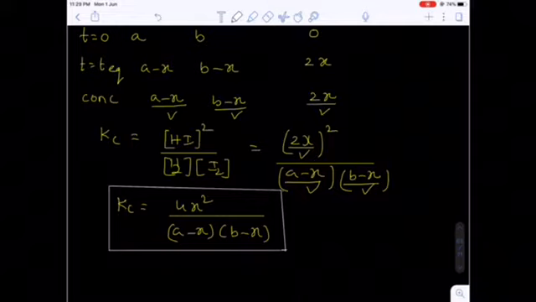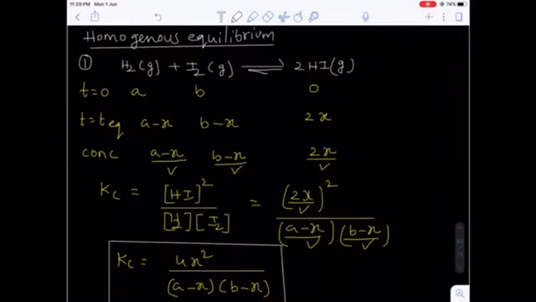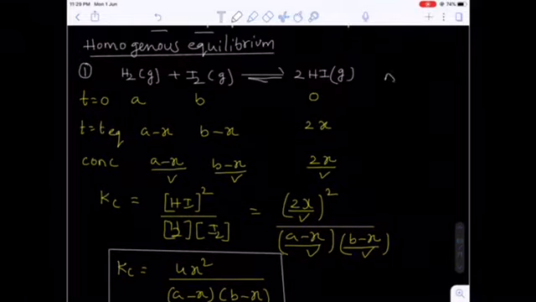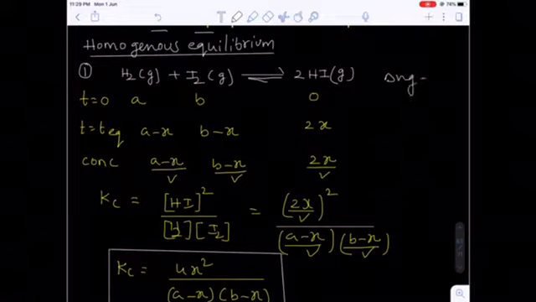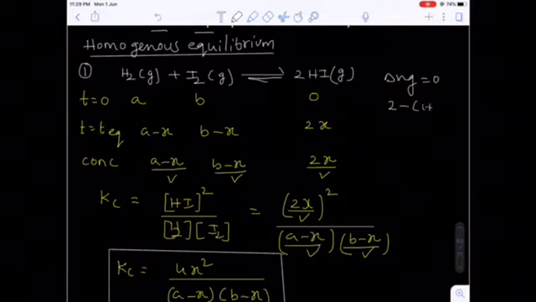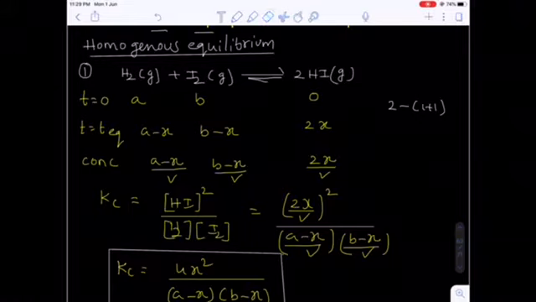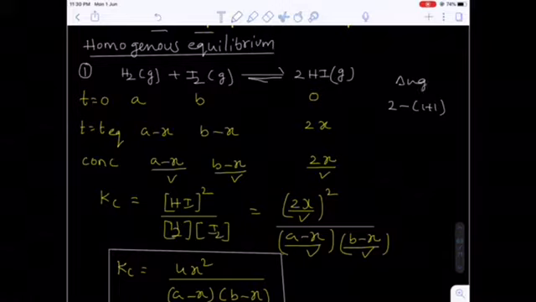Here in this Kc expression, the volume term cancels out, because in this reaction the delta Ng value is 0. The number of moles of gaseous products minus the number of moles of gaseous reactants is called delta Ng.